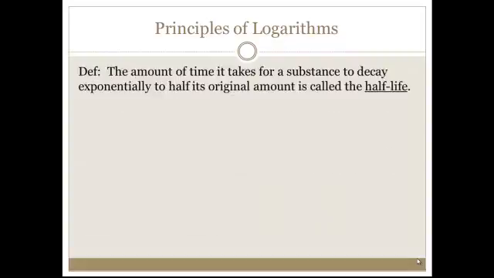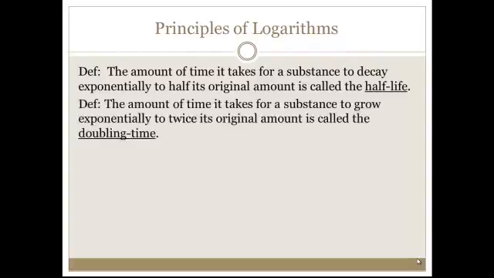To be more formal, let's define the amount of time it takes for a substance to decay exponentially to half its original amount as the half-life. Similarly, for exponential growth, the amount of time it takes for a substance to grow exponentially to twice its original amount is the same no matter how much we started with, and we call this the doubling time.